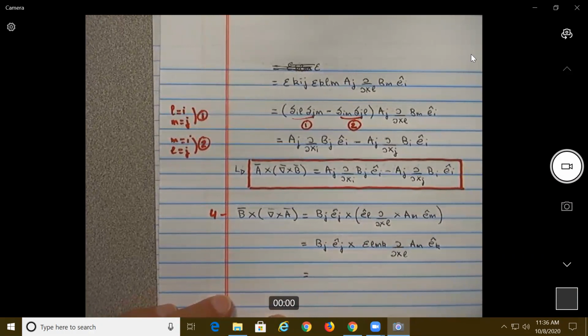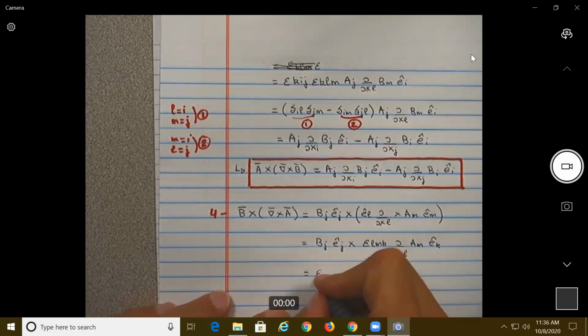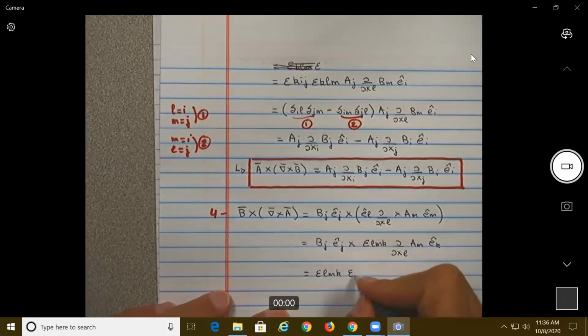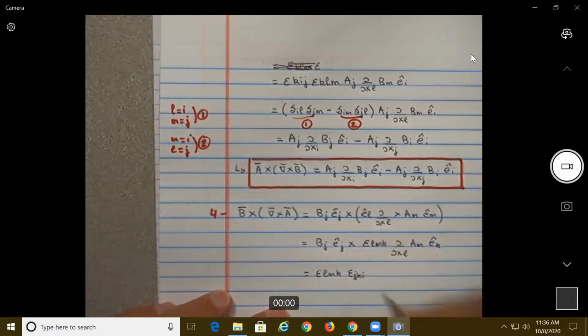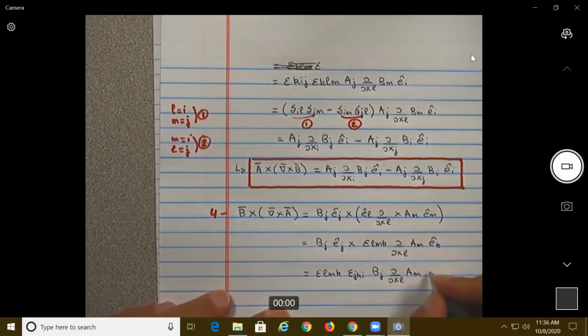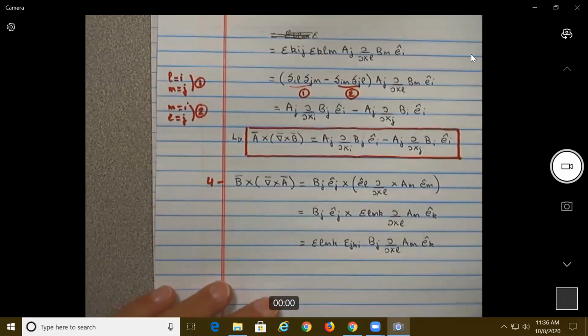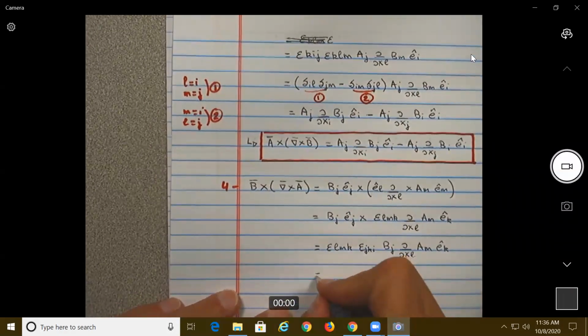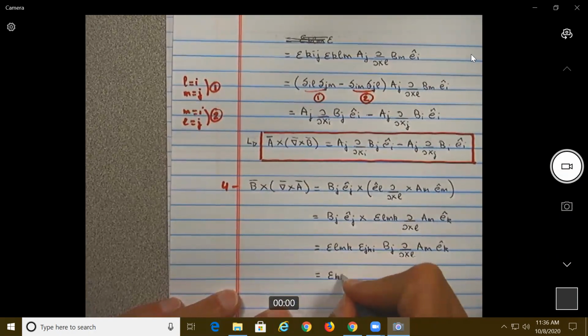Now, by doing the other cross product, we're going to get epsilon L and K, epsilon J for this one, K, and the new index will be I of B sub J partial XL A sub M EK. So just for the same as on top over here, we write this as being epsilon Kij.